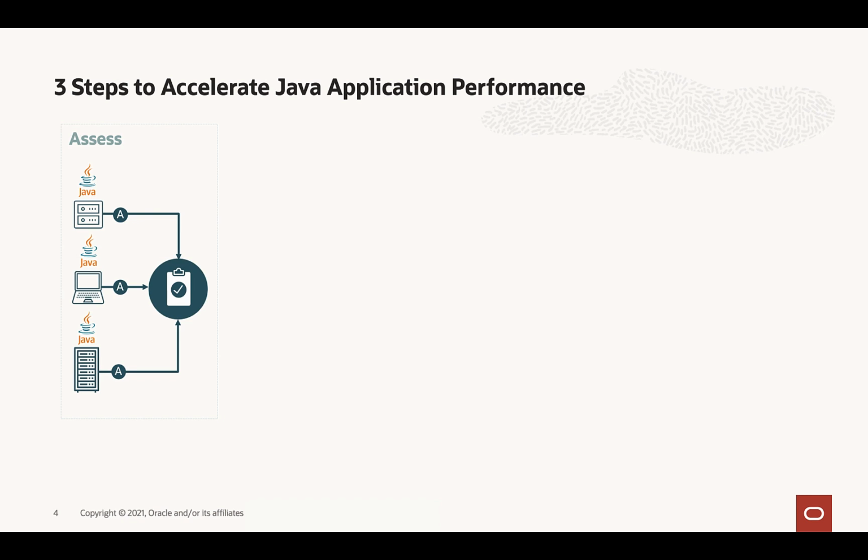Now, imagine the performance gains you'll realize by migrating to a current Java release, in this case Java 17, or the resources you'll save by migrating, or even more importantly, the improved customer experience you'll introduce by adopting modern Java technology. If you don't have insight into your Java environment, you won't have the data you need to accelerate your Java performance or to justify the move to newer releases.